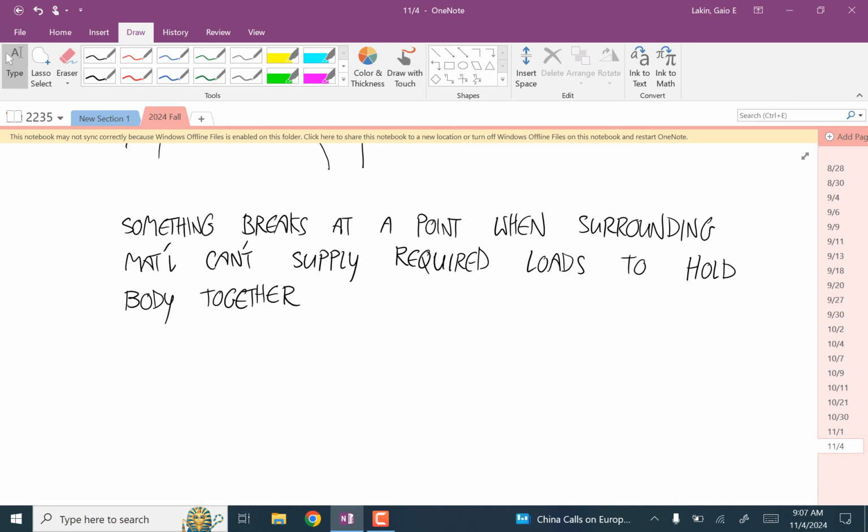So what we want to do, instead of calculating what the loads are that the outside world applies to the body, is figure out at every point what are the loads that the surrounding material has to apply to the body.